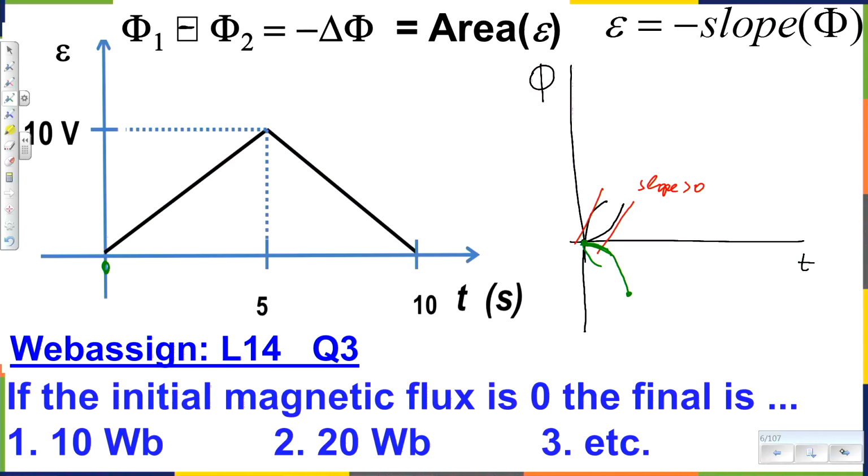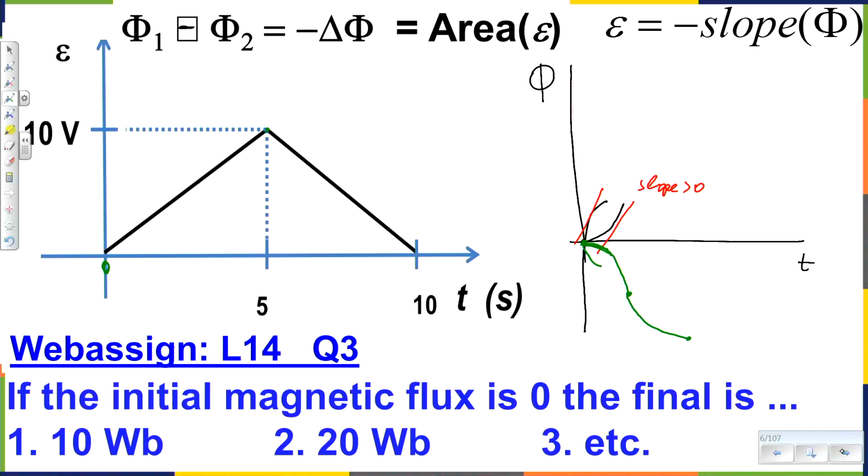Well, the actual value of EMF remains positive all the way up to 10, which means the slope of the flux should remain negative all the way up to 10. But here we should have something change. So probably the curvature changes, something like this. Again, if we remember a relationship between the position graph and velocity graph for motion with constant acceleration, this is a very similar situation.